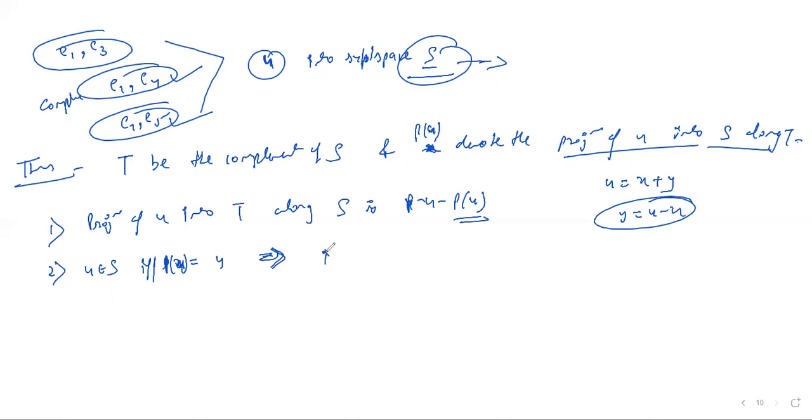Because if U belongs to S, then U can be written as U plus 0, where U belongs to S and 0 belongs to T.